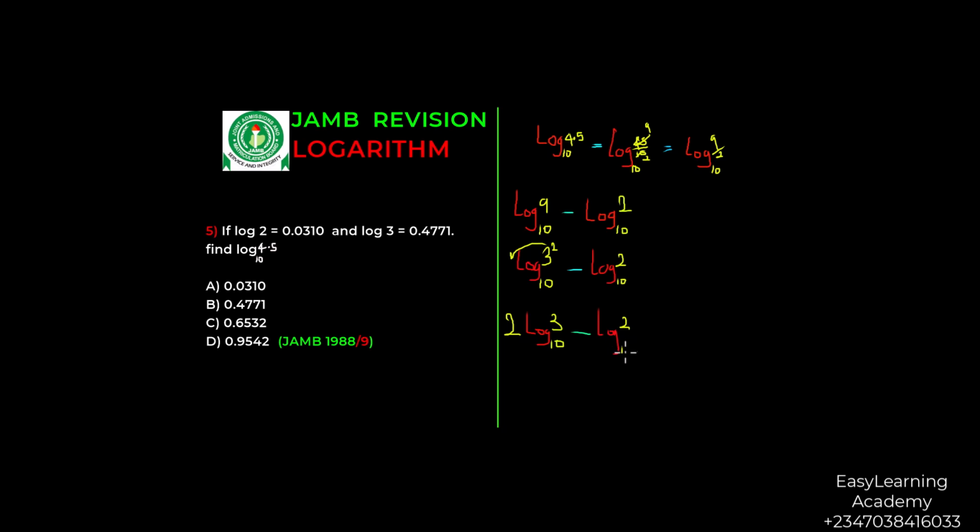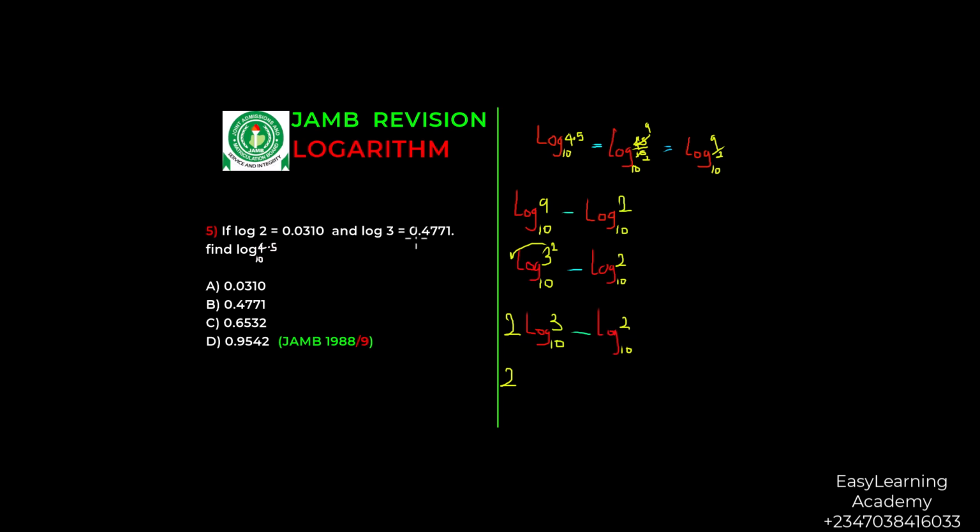The next thing we're going to do is substitute. We have log 3 base 10 and log 2 base 10, and we substitute their values. The base was not written in our equation, but we know it's base 10.